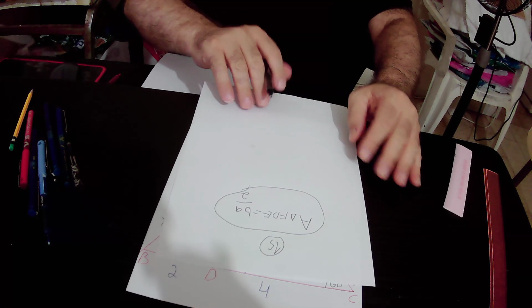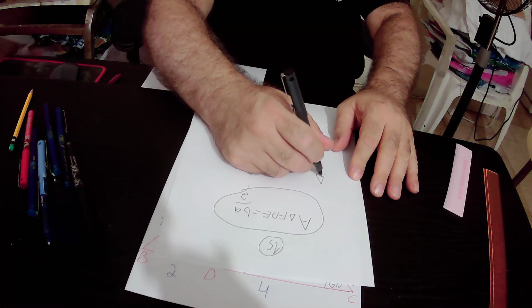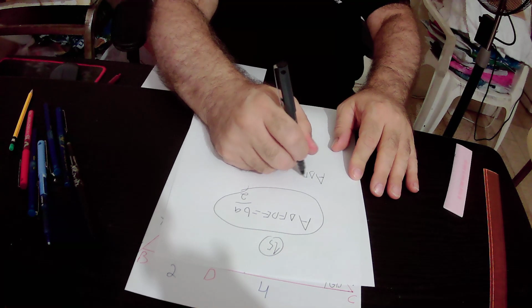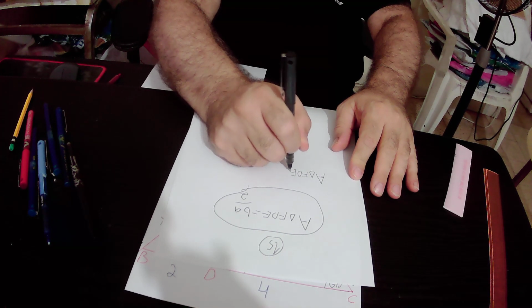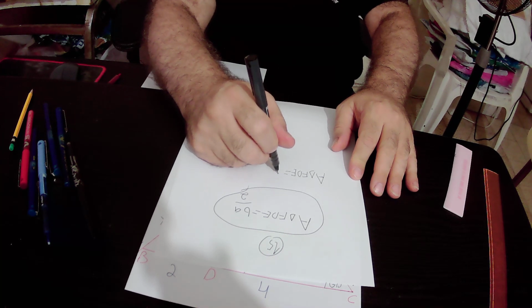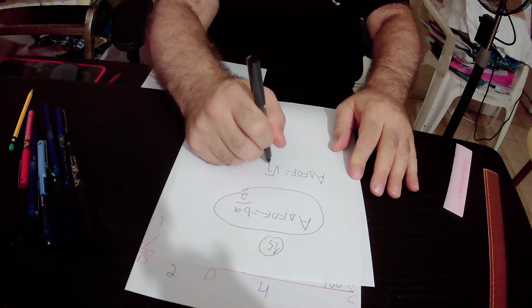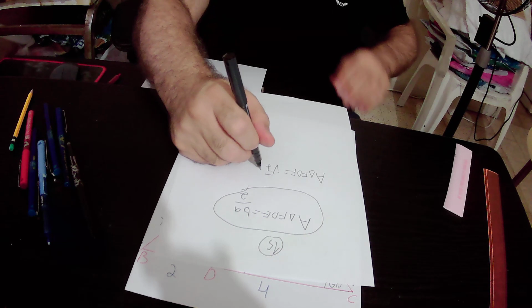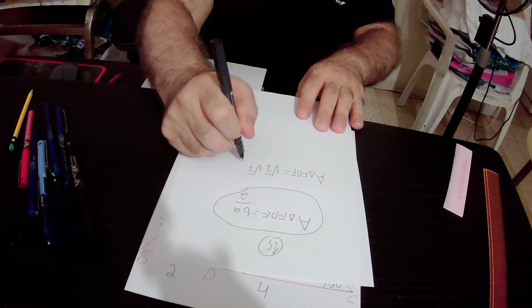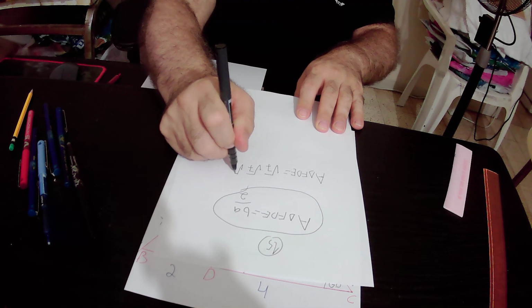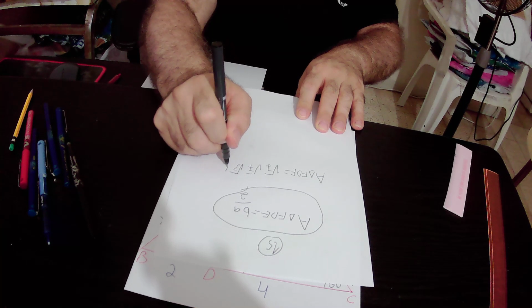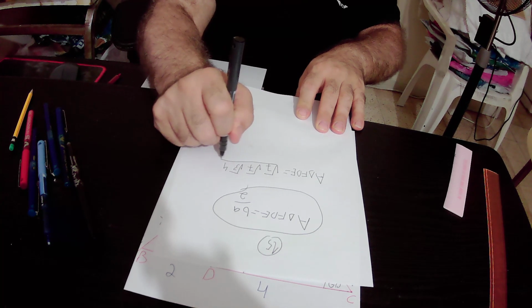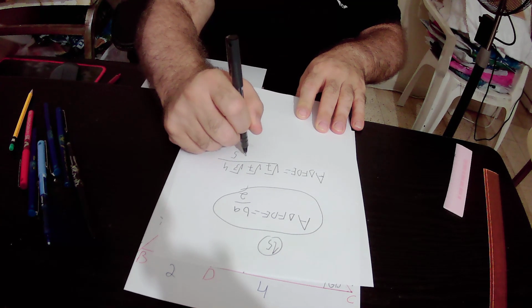Okay, so the area of the green triangle FDE equals a is root 7 times b is root 7 times root 3 times 4 over 5, all divided by 2.